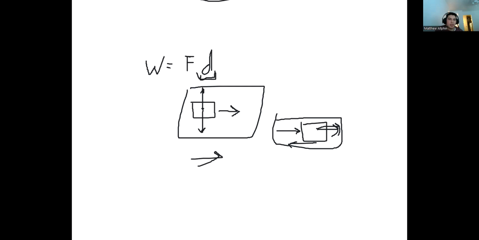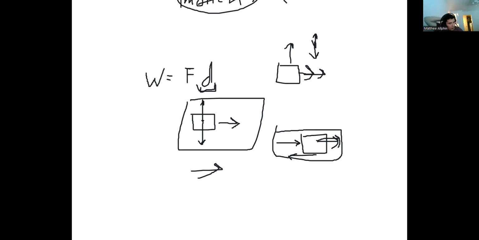You just need to understand that when we apply a force and an object is moving in the direction of the force, that means positive work is being done. But if it's moving perpendicular to the force, like the box, where she was applying force upwards but the box is moving this way, that means there's no work being done in the up and down direction, because there is no movement in that direction. It's just moving in the horizontal direction.